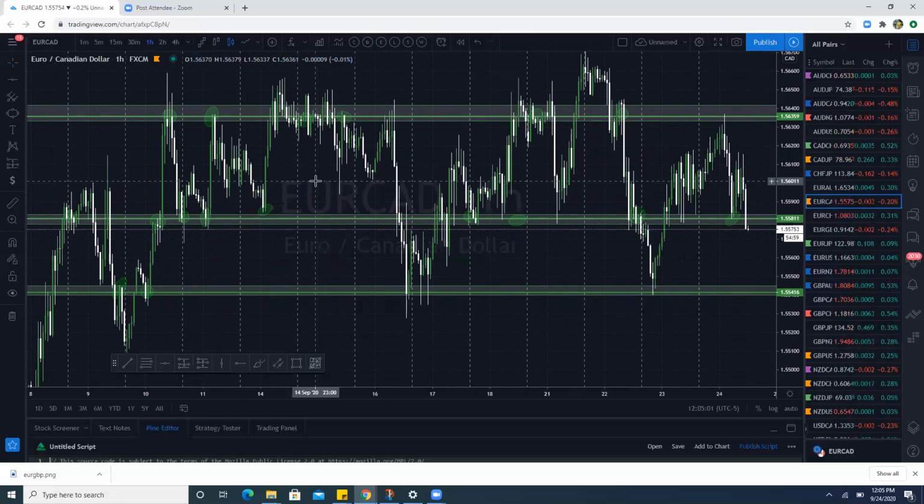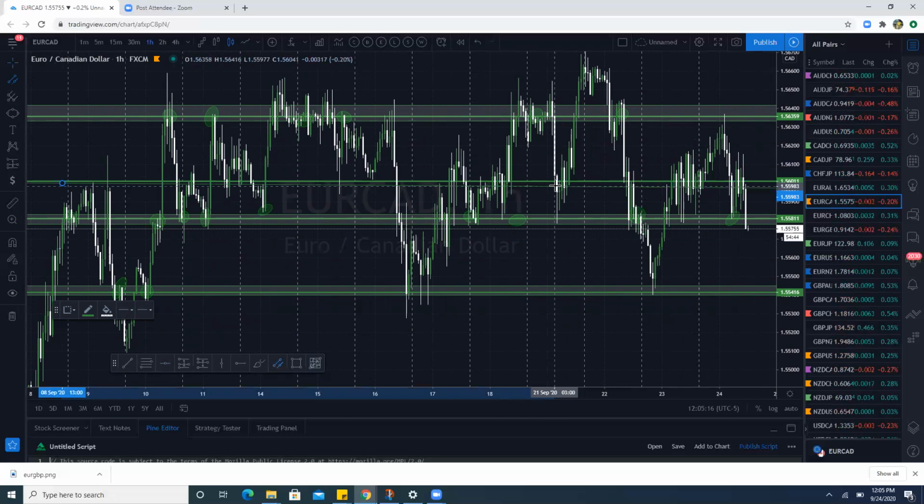Now, another danger of doing zone to zone trading is maybe looking for too many zones. I could take that right there and it could be a minor zone, but you see how price has weaker reactions to that area, and it's a smaller zone in the middle of two major zones.